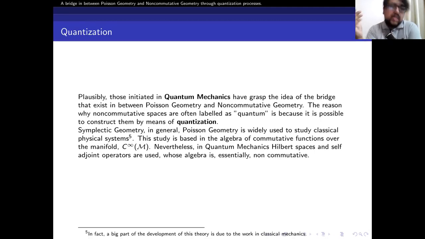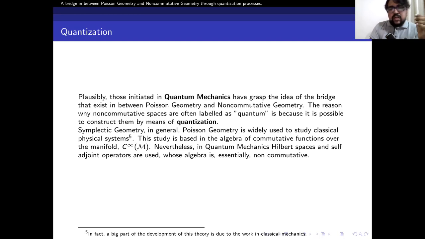So hopefully, and surely, those already initiated in quantum mechanics have already grasped the idea of the bridge between Poisson geometry and non-commutative geometry. Because the example I presented at the beginning, of Poisson geometry, is actually what is used to model classical mechanics. So classical mechanics is basically the algebra of functions on a Poisson manifold.